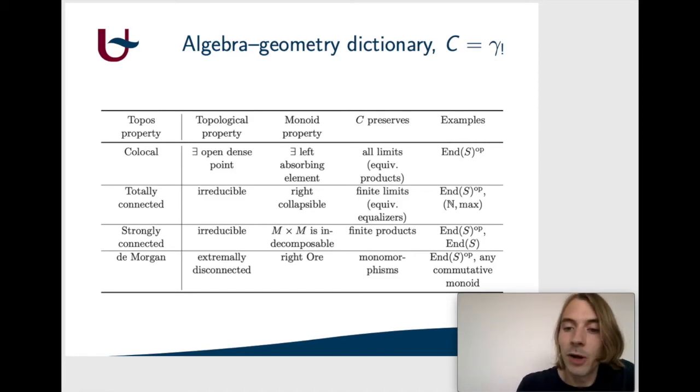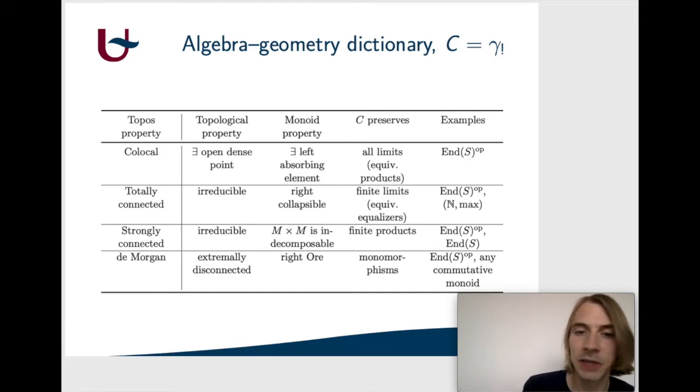So here are some other topos-theoretic properties related to the connected components functor C. This connected components functor only exists if the topos is locally connected, like in our case. And if this connected components functor C preserves all limits, then we say that the topos is co-local.